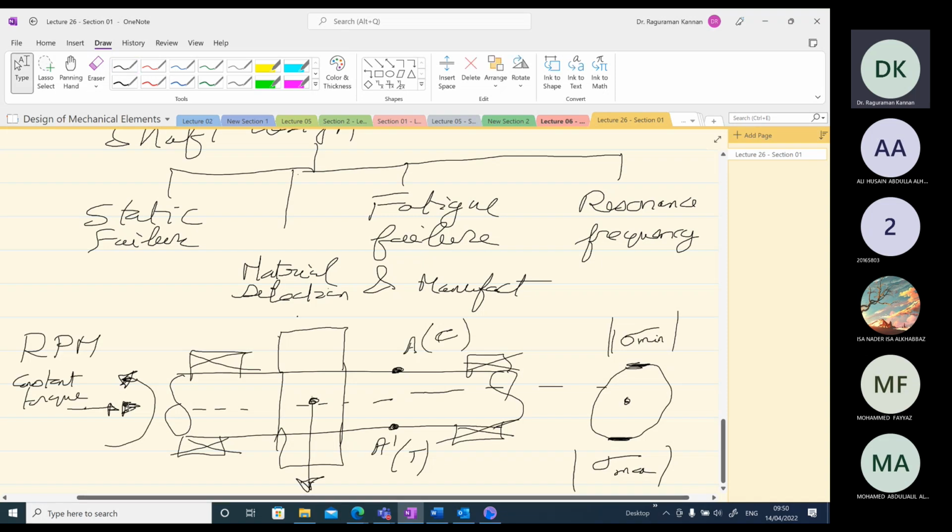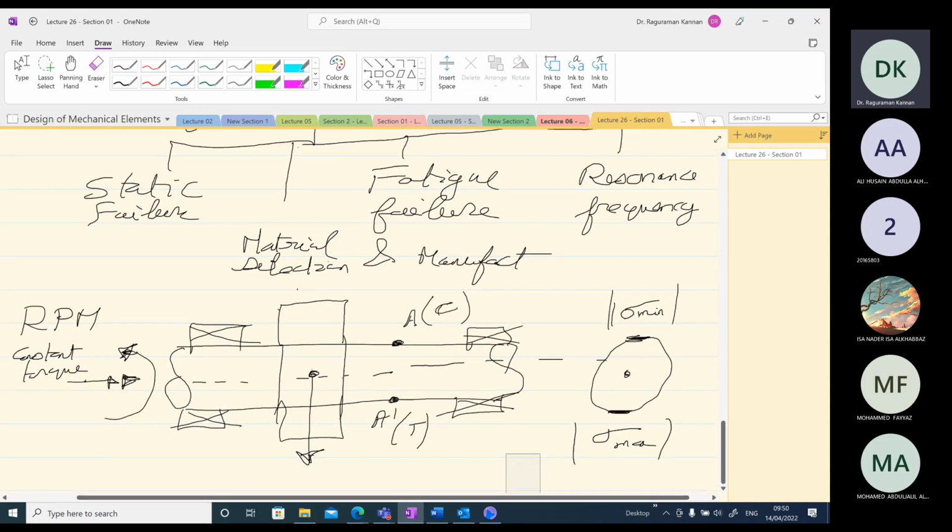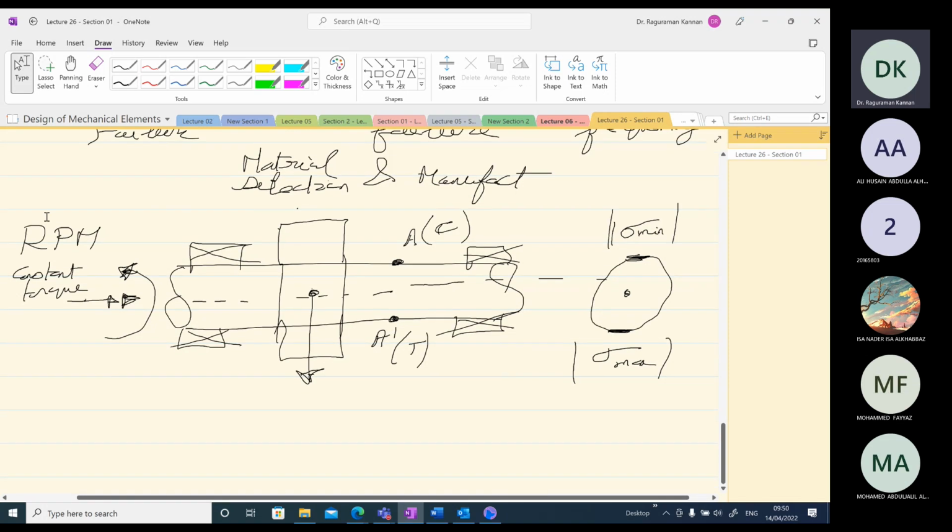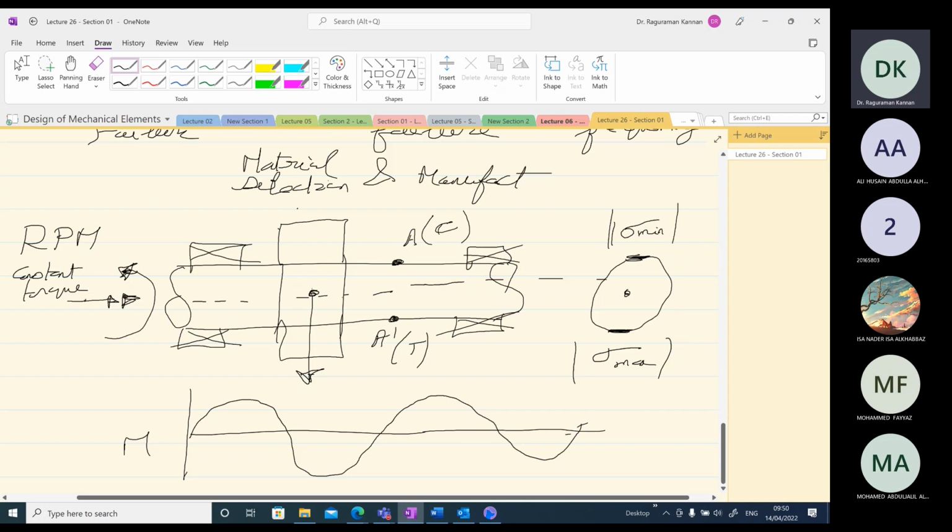So which means it is a steady torque. Since we have a constant RPM, we can clearly see my bending moment will have a fixed frequency depending upon the RPM, and this fixed frequency load will be applied to the shaft, while your torque is just a constant value.